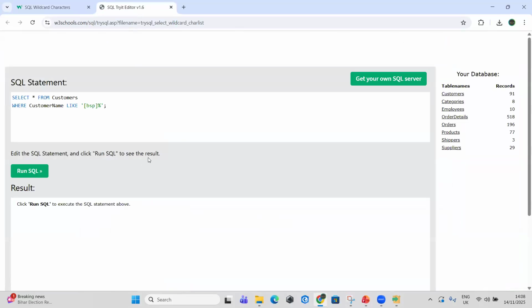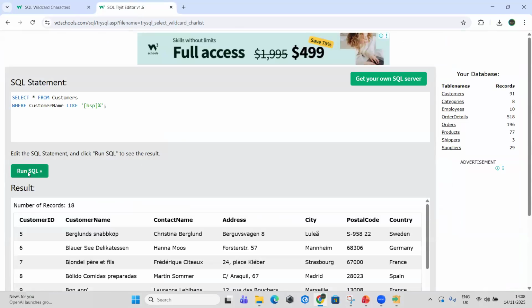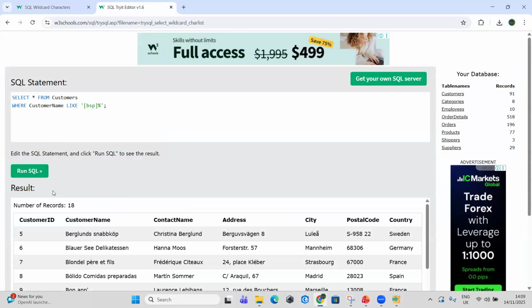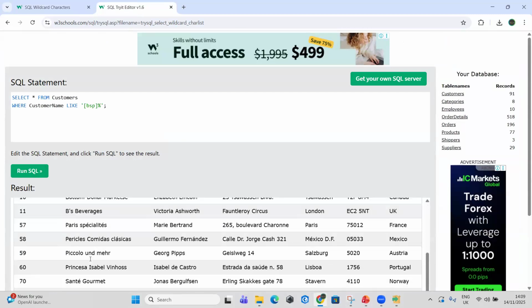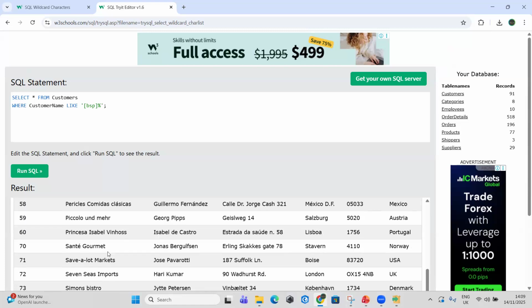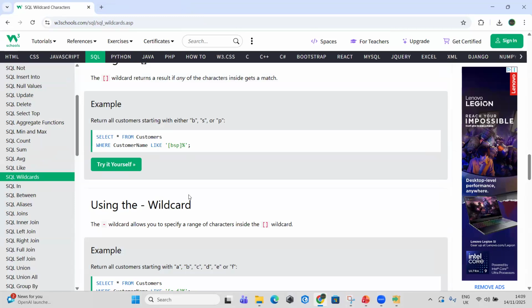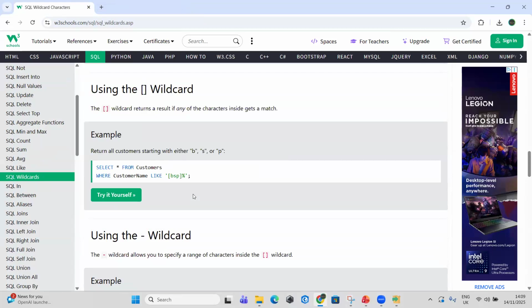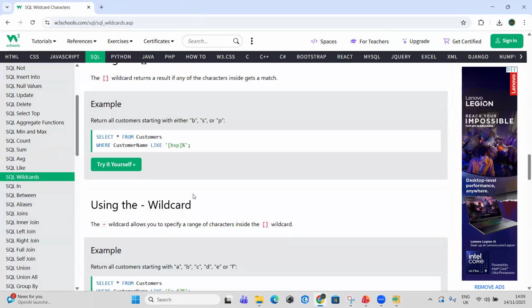What that means is: return all customers starting with either B, S or P. So you need to memorize what these things mean.